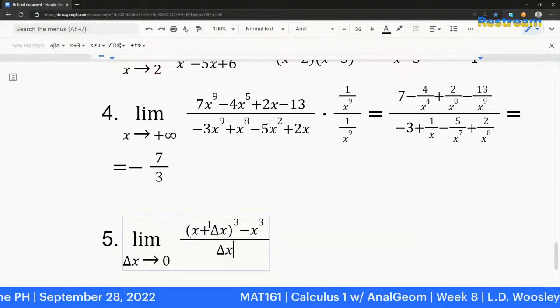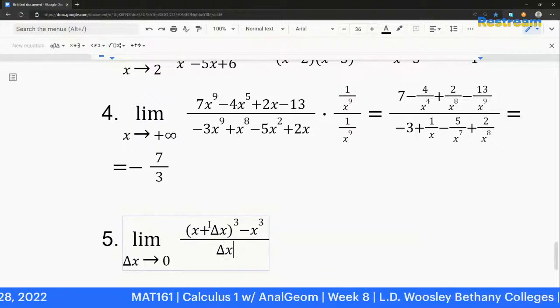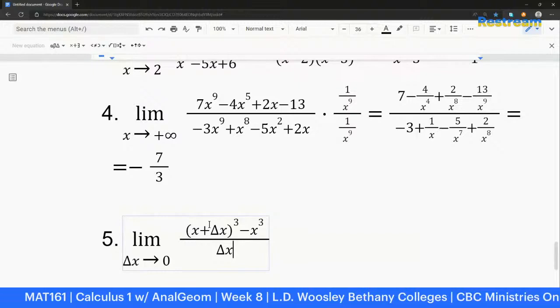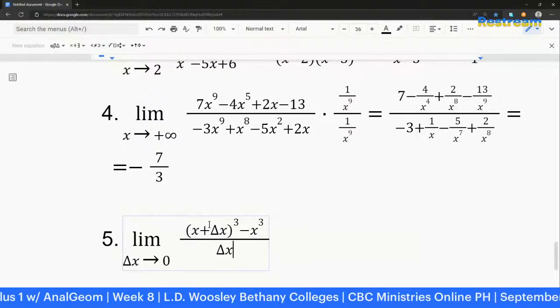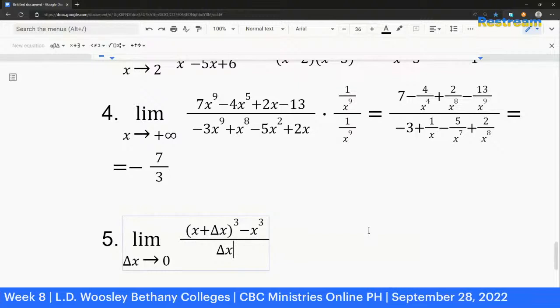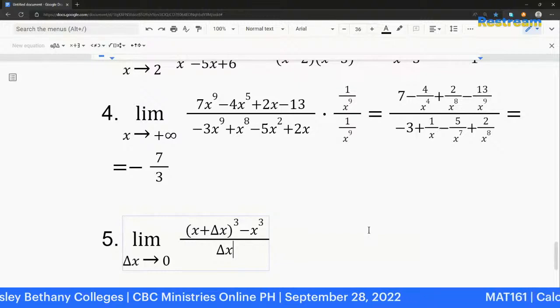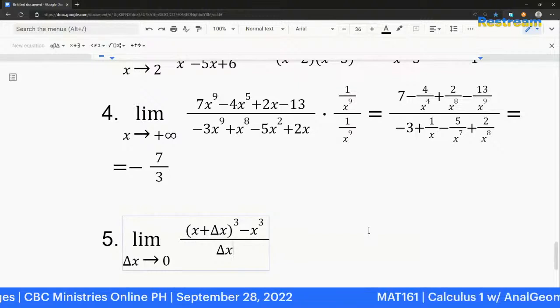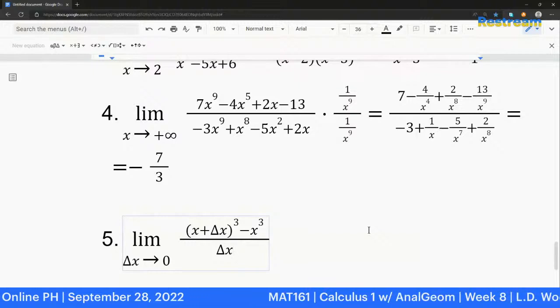Guys, the three of you could collaborate. The limit as delta x approaches 0 of (x plus delta x) quantity cubed minus x cubed, all over delta x. Right?